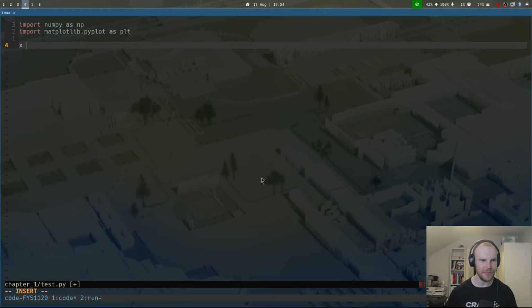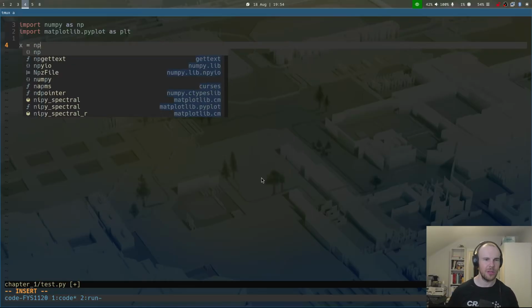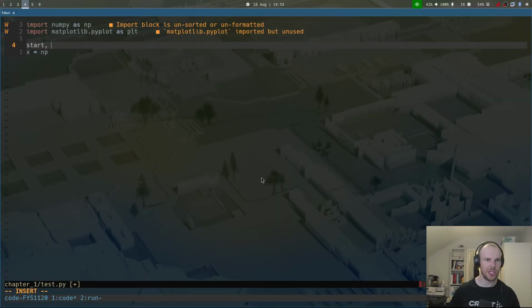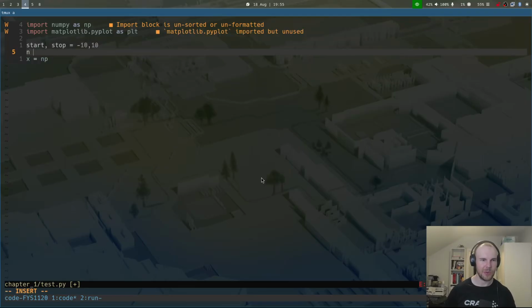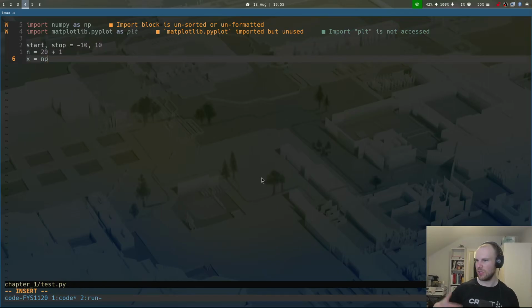So let's call x is equal to, I want start and stop to be something like minus 10, 10, and then I could say n is equal to 20 plus 1, because otherwise the step size gets weird.